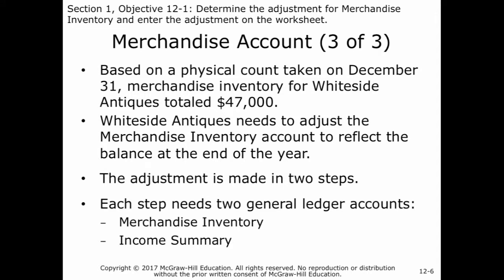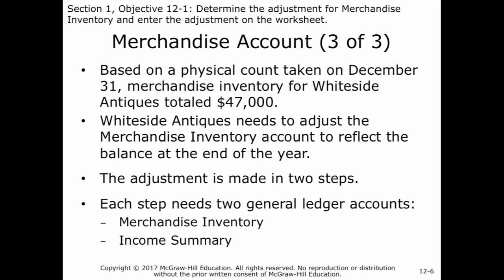At the end of the period, a merchandiser usually takes a physical inventory count to determine how much inventory is still on hand. For the purposes of this chapter, we have a company known as Whiteside Antiques, and we have a beginning inventory balance of $52,000.